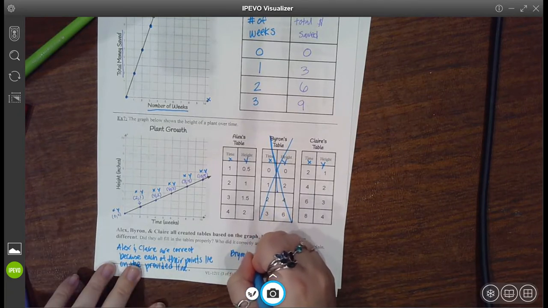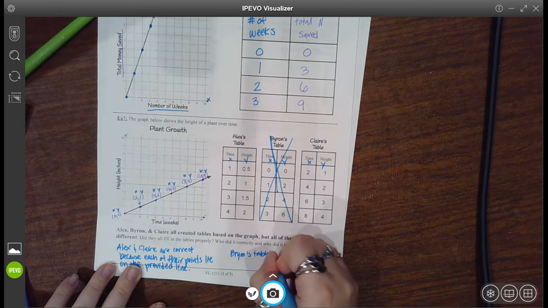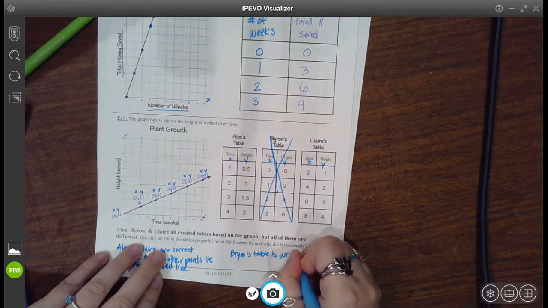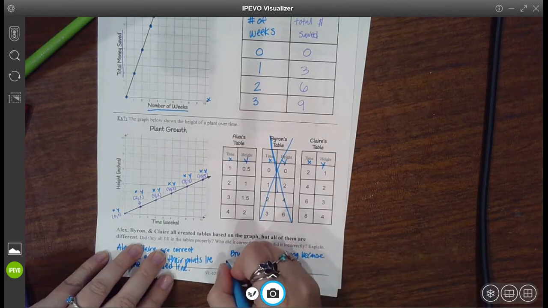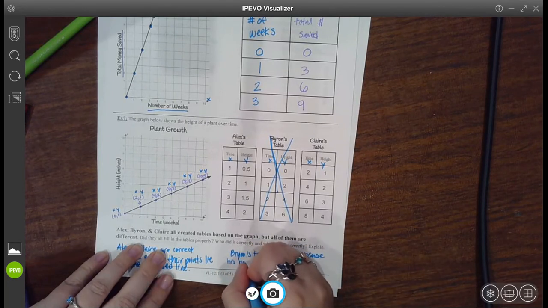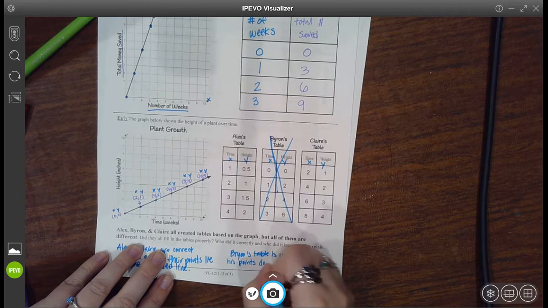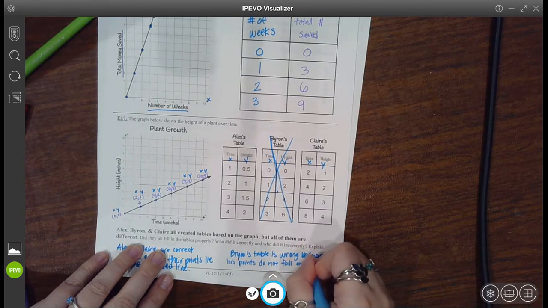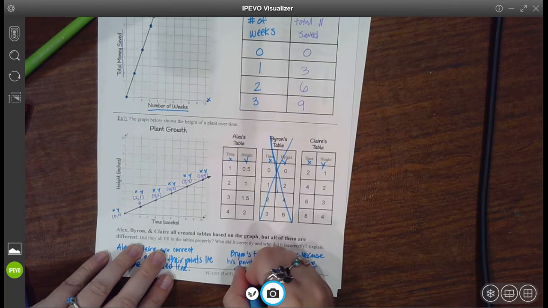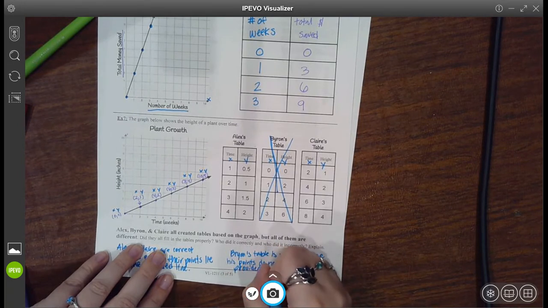So Brian's table is wrong because his points do not fall on the provided line or on the graph.